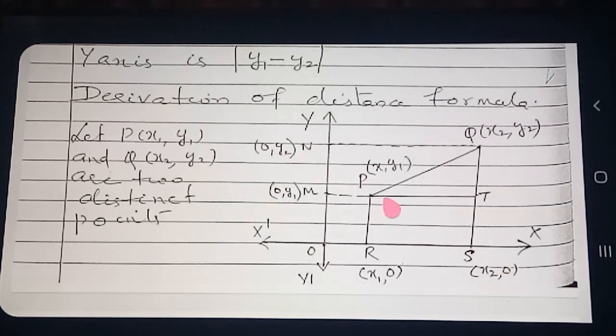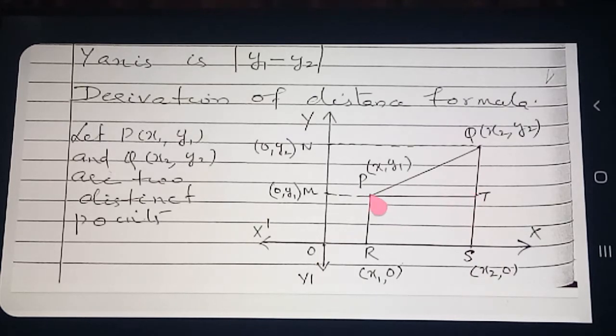Yes. Next point, listen. We are drawing PT perpendicular to QS. PT we are going to draw perpendicular to QS. Therefore, what will this angle be? This angle is 90 degrees. I didn't mark it, you mark it. This angle T is how much? 90 degrees. If this is 90 degrees, you can now apply the Pythagoras theorem.